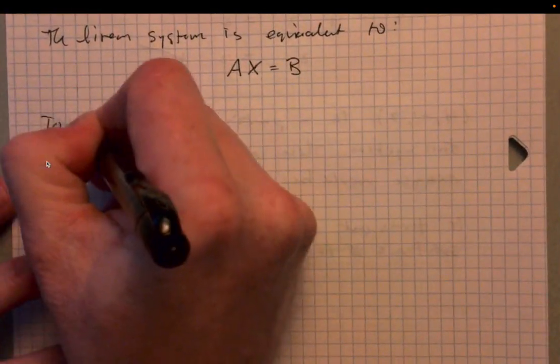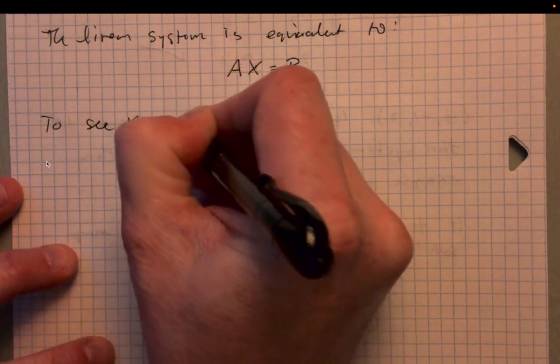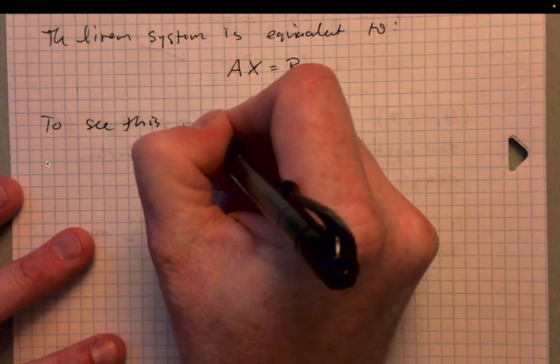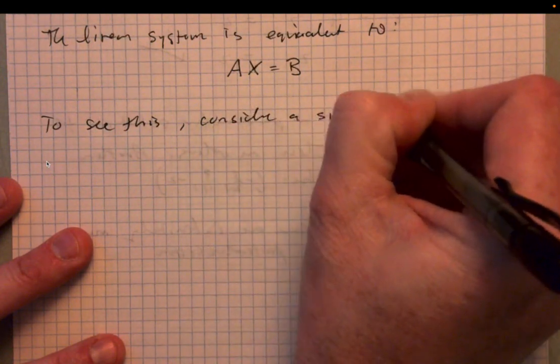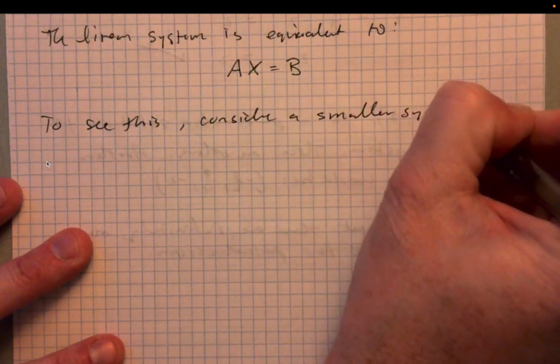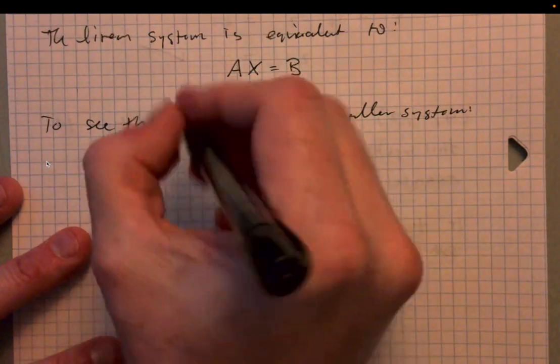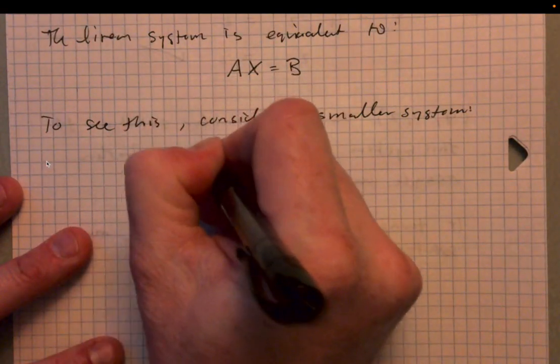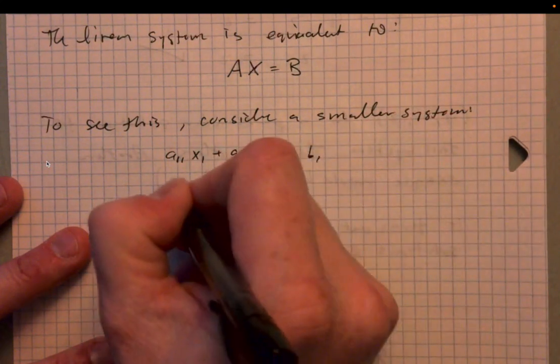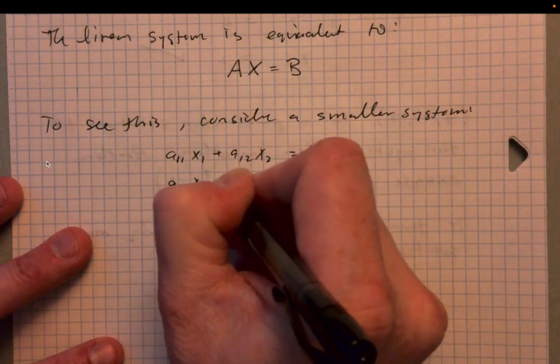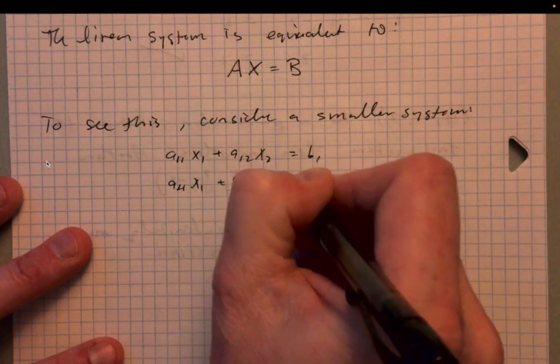So to see this, let's consider a smaller system. Okay, still a general system, but let's consider A11 x1 plus A12 x2 equals B1, A21 x1 plus A22 x2 equals B2.